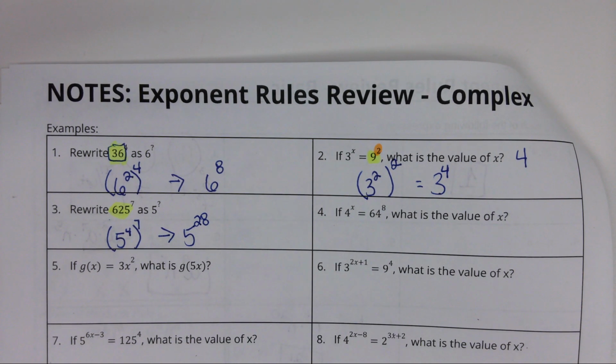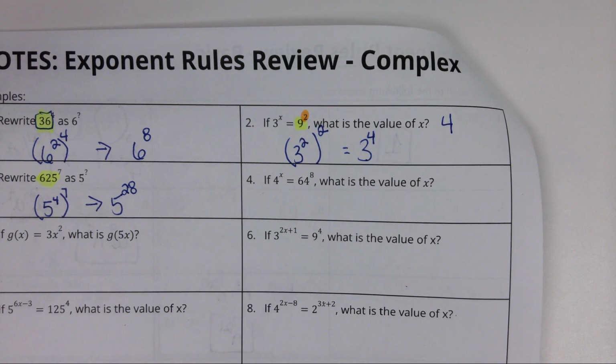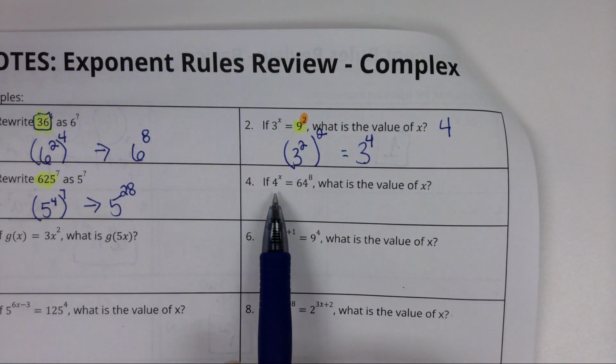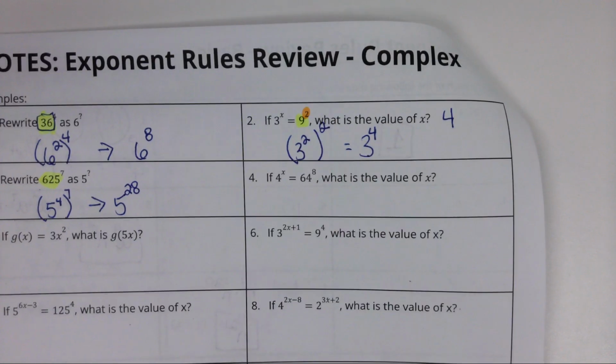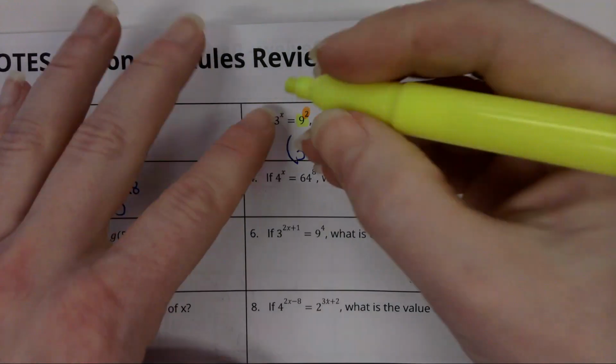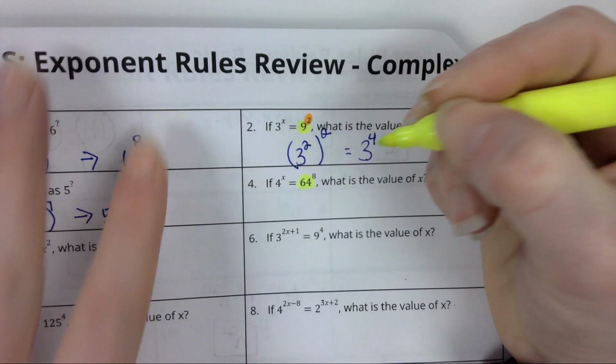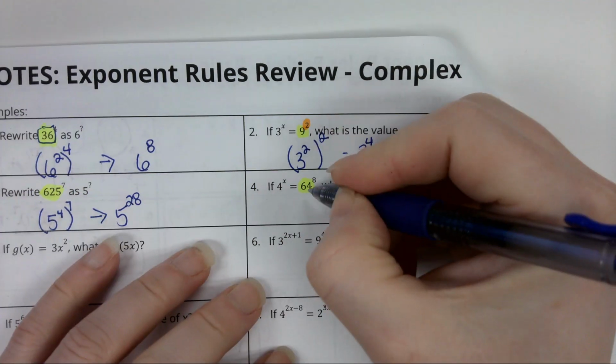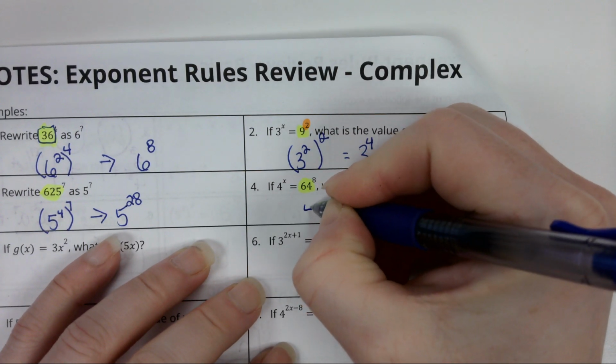Okay, next one. What do I want to try to write 64 as? I want to write it as an exponent of 4. So I need you guys to look. Oh, it's 4 cubed. Okay. So these are like 2 steppers.